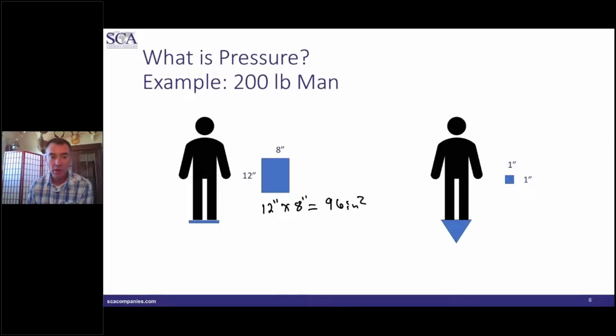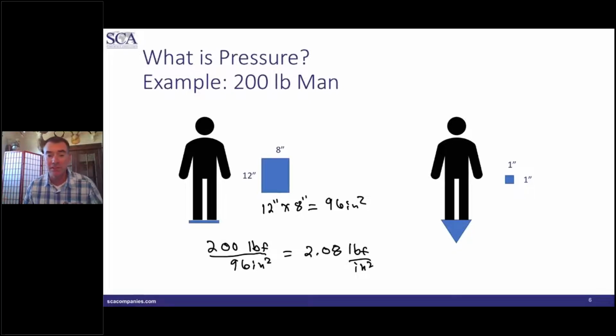So if I have 200 pounds force, and I divide that by 96 inches squared, that gives us our units of pounds per inch squared. I end up with something like 2.08 pounds force per inch squared. So 2.08 or 2.1 PSI, no big deal.